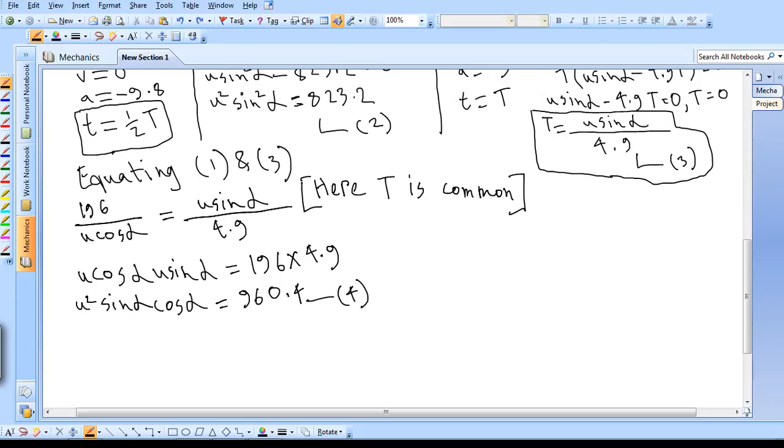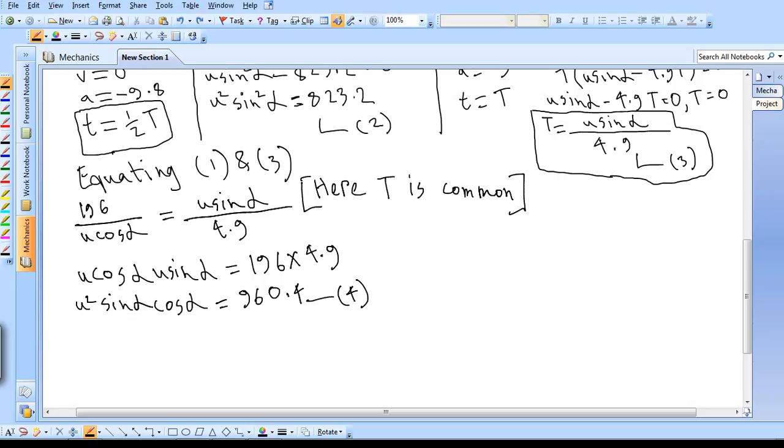So that's the thing. Now we have obtained equation number 4.